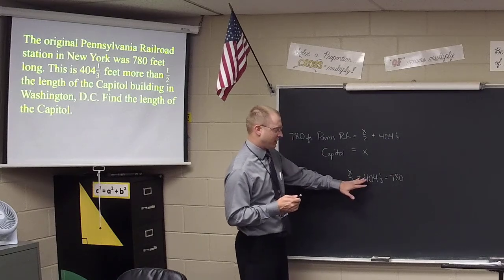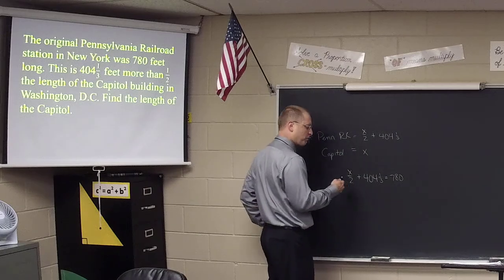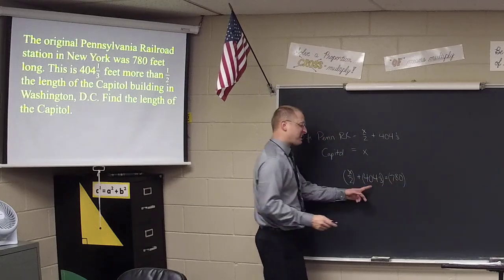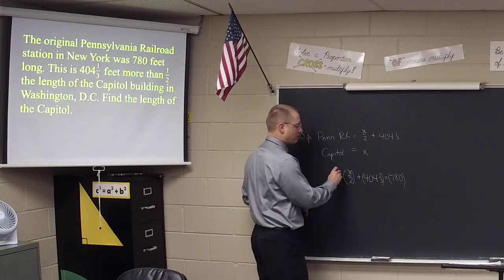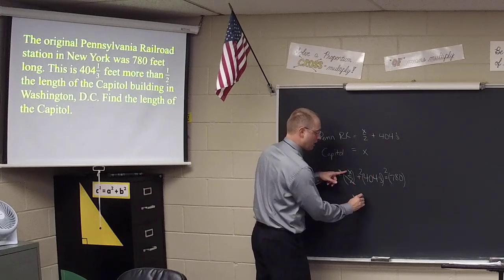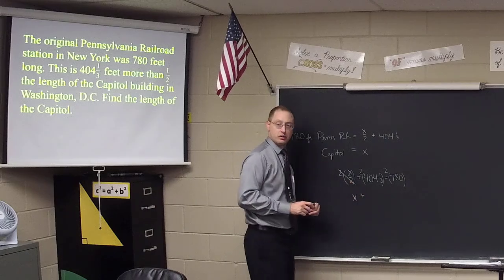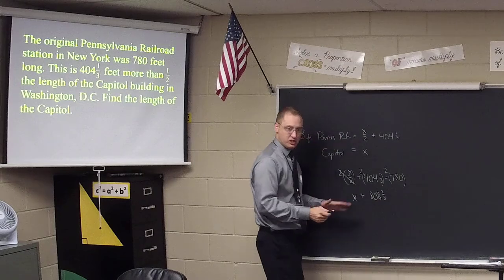I could multiply everything by 2 just to get the X by itself, and that's kind of where I'm leaning, because I think the multiplication by 2 is pretty easy. Otherwise I have to make this an improper fraction. That's a really gnarly improper fraction. So if I multiply everything by 2, it's not too bad. So I get the X by itself. What would be 404 1/3 times 2? 808 and 2/3, which is easy multiplication.